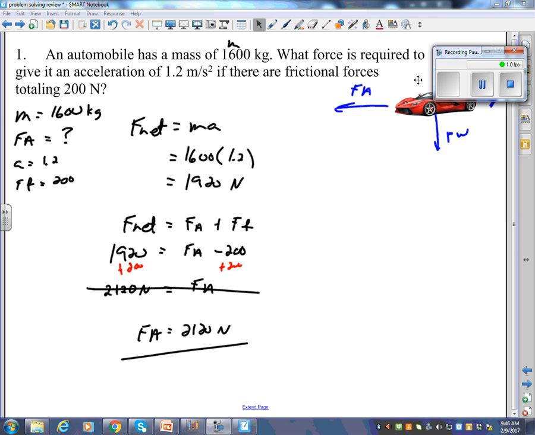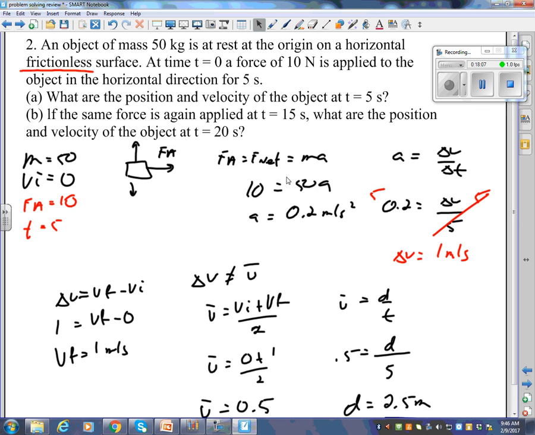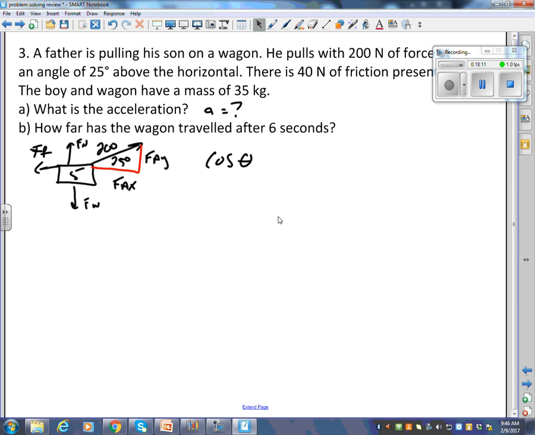Let's go back to the problem here. It doesn't look very good that I'm going to get all four of them done today, does it? So I'll just skip that part and I'll go FAX is equal to FA cos theta. The applied force here is 200 times the cosine of 25, and now I'm going to need a calculator.